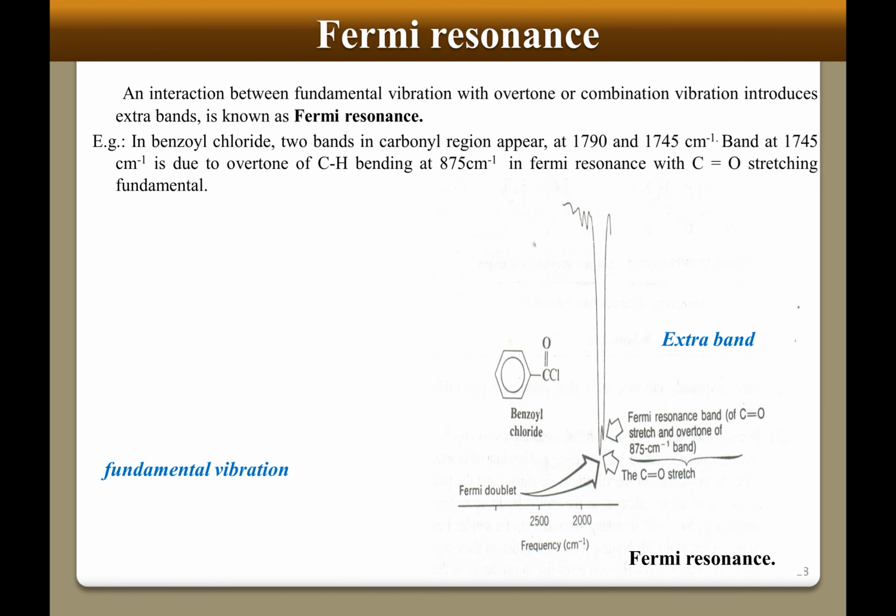Here I have given you an example of benzoyl chloride, and the two bands of the carbonyl region occur at 1719 and 1745. The major band is the actual fundamental vibration, the asymmetric stretching of the carbonyl group, but a small shoulder at 1745 is a Fermi resonance.